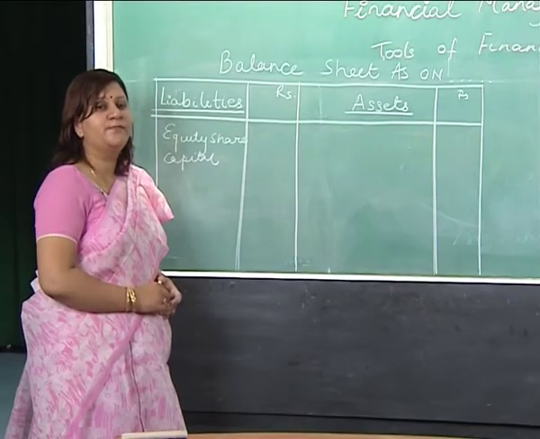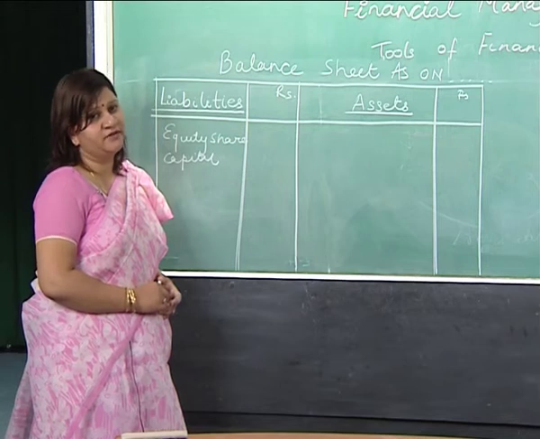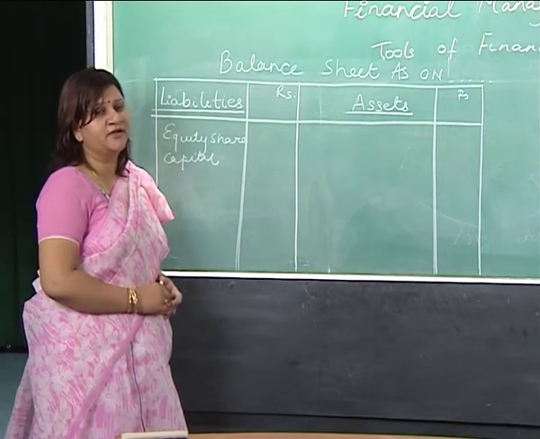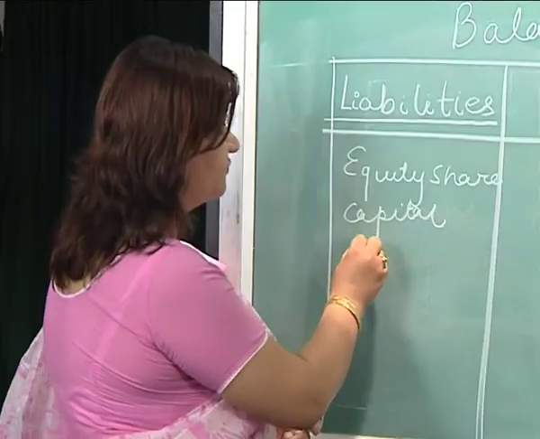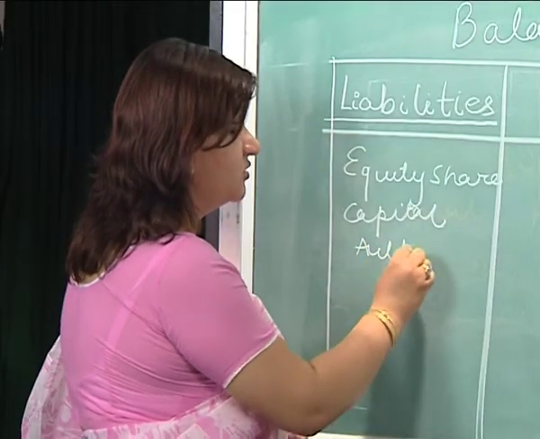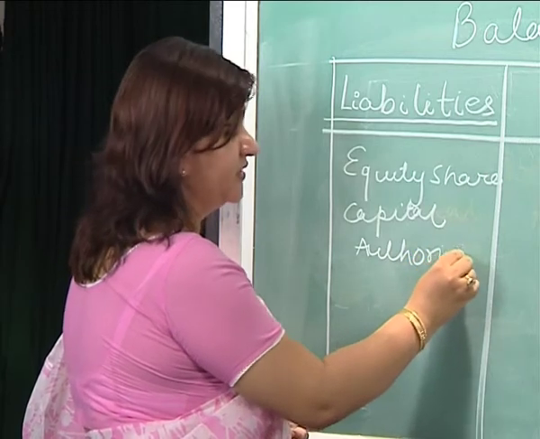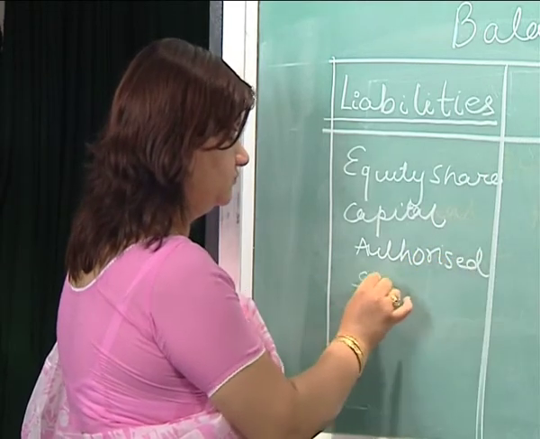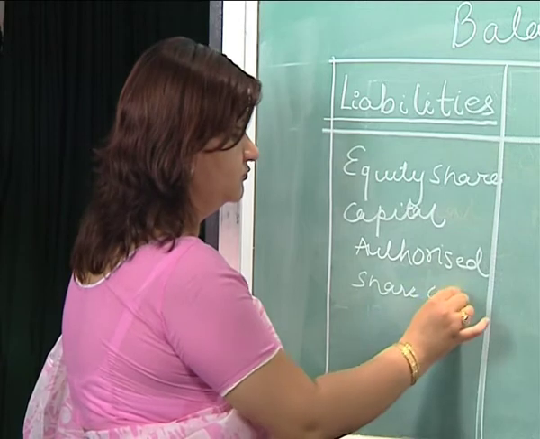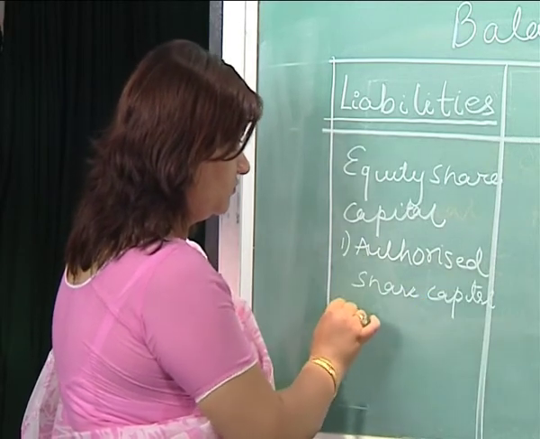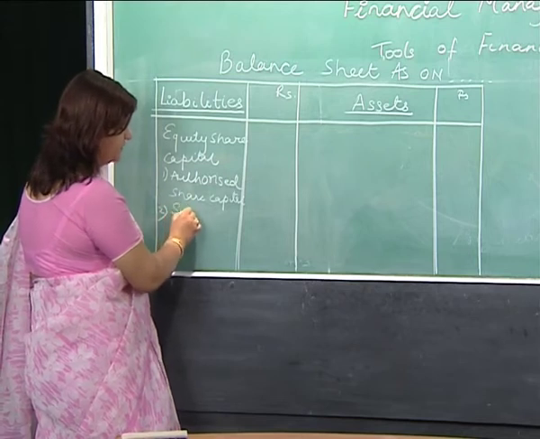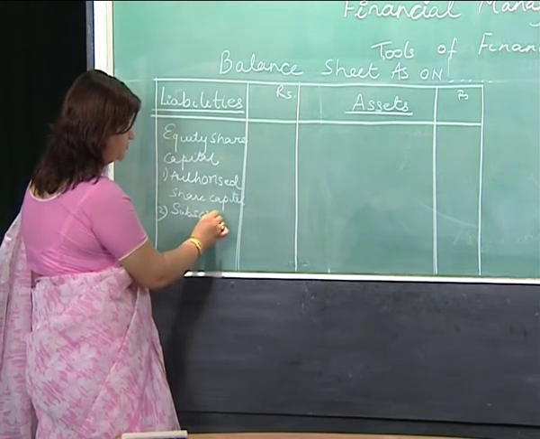Authorized capital is the permanent capital of the company with which it is registered under ROC or Registrar of Companies. So first one we have to mention authorized share capital. Second will be subscribed share capital.